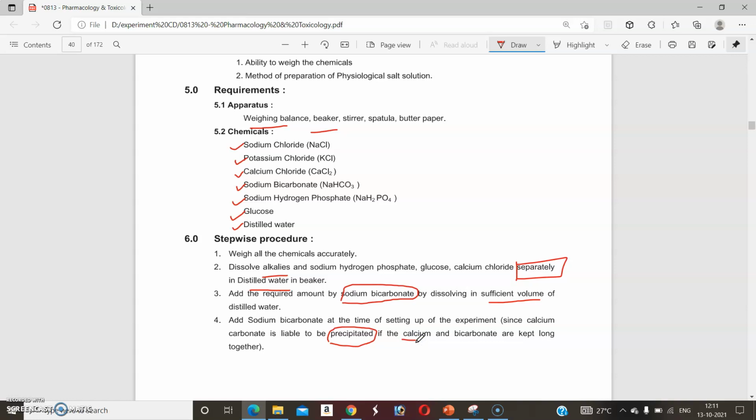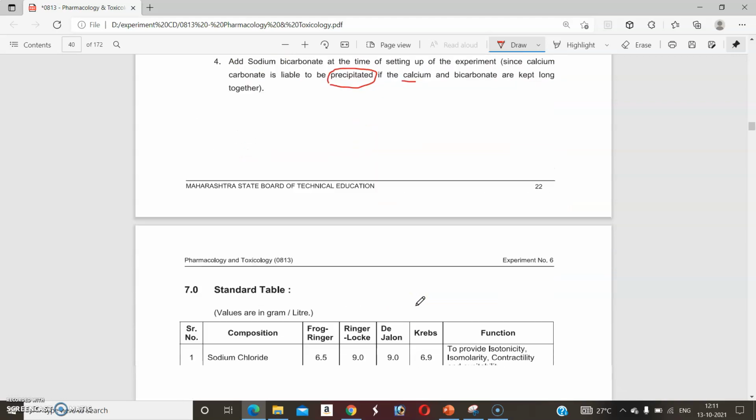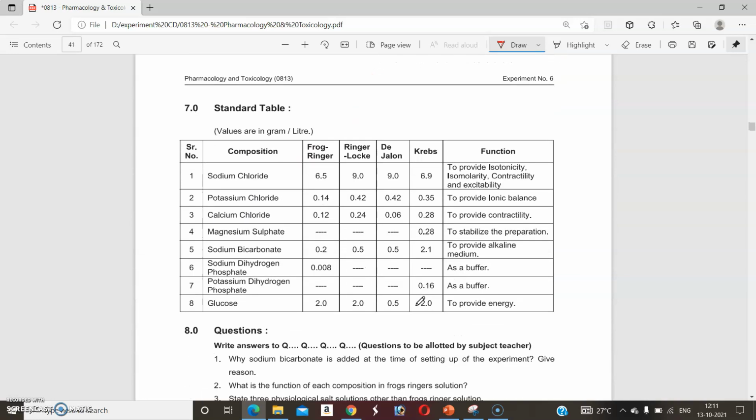So that's why we avoid this; we can't add calcium chloride and sodium bicarbonate at the same time. Whenever we start the experiment, before going to the start, we add the sodium bicarbonate, dissolve it, and add it to the chemicals. This is the very important part. So all of you know why we use sodium bicarbonate and what the actual process of adding it is.